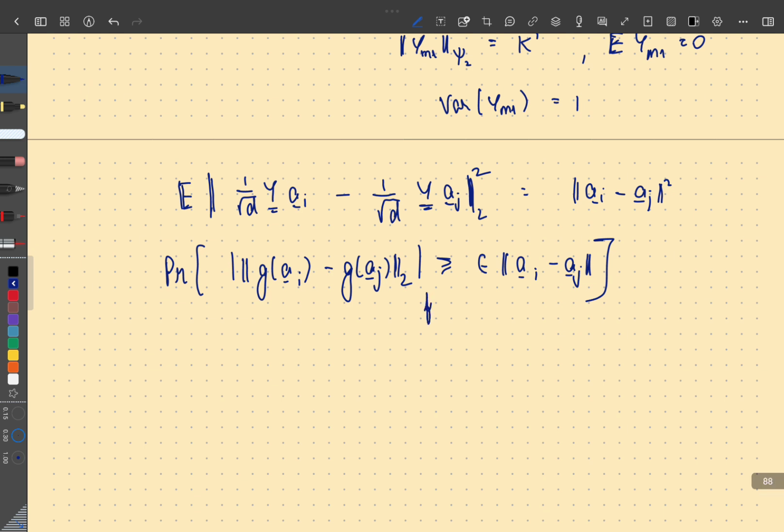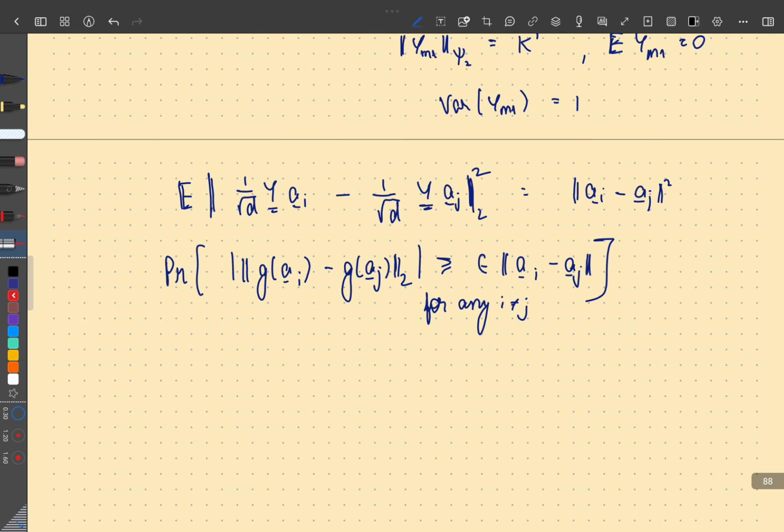And this happens for any i not equal to j, right? So we want to ensure that for every i, j, the distance between g of ai and g of aj should be within 1 plus or minus epsilon of the norm of ai minus aj.